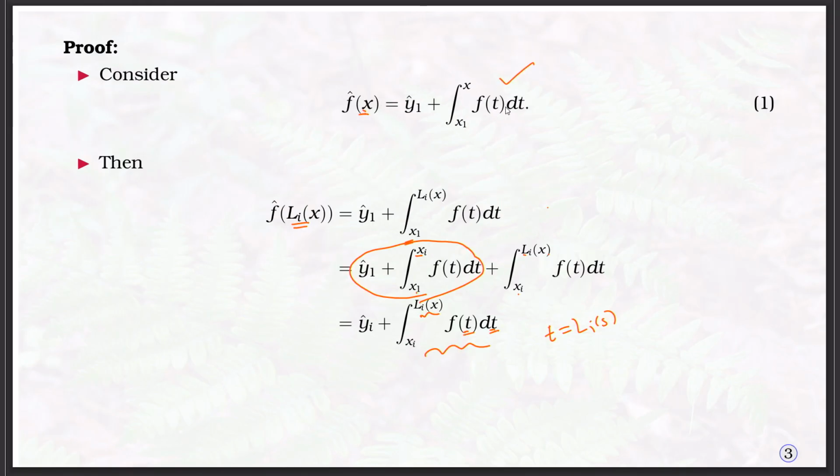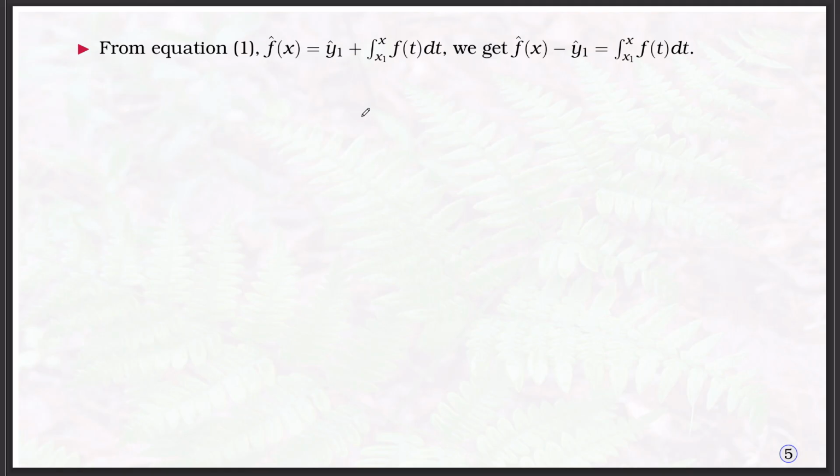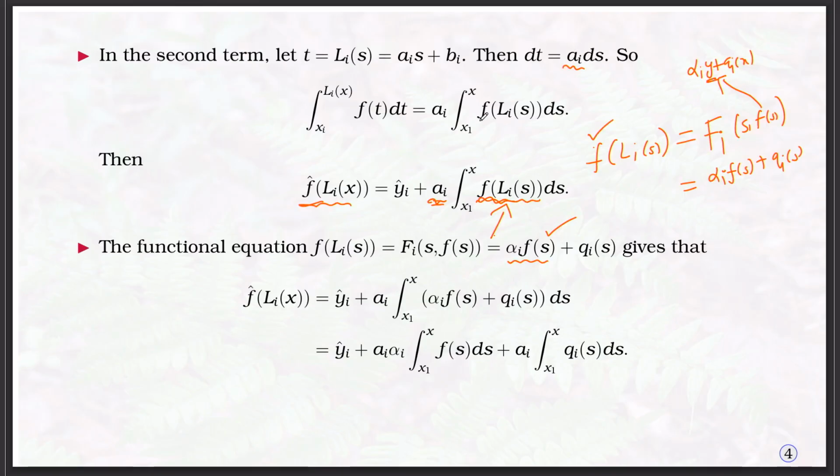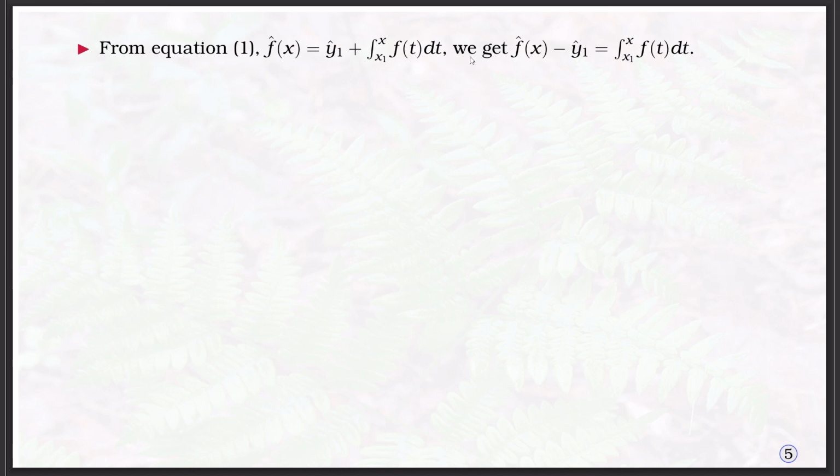Now after this, from equation 1, that means the definition of the definite integral of the fractal interpolation function: f cap of x equals y1 cap plus the integral from x1 to x of f of t dt. So here you can observe, if we take y1 cap instead of yi cap, we can write f cap of x minus y1 cap equal to the integral from x1 to x of f of t dt.